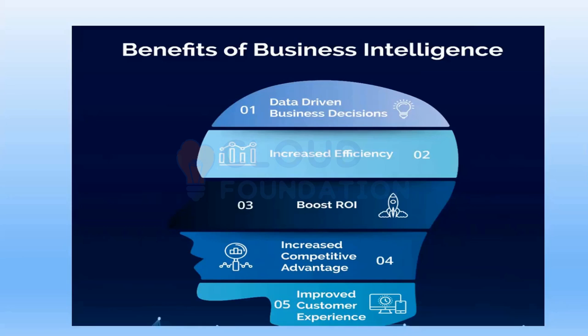For example, if our customer or executive wants to know in 2018 which region has performed better, or in the first quarter of 2022 which product has performed better and which is poor, and what we need to do to get better results, that is all possible using business intelligence.